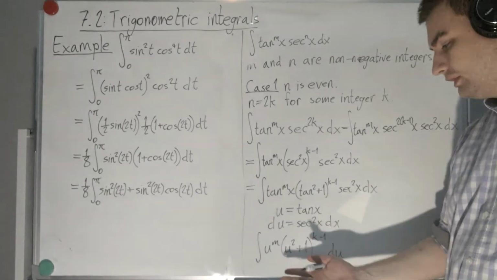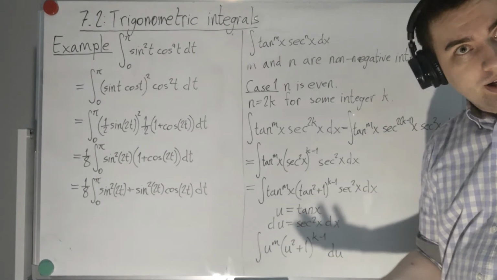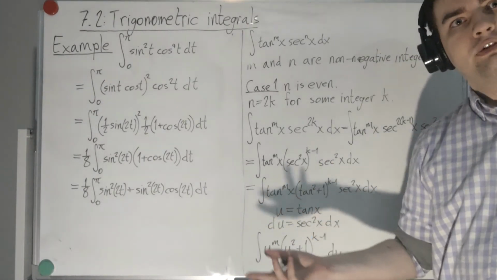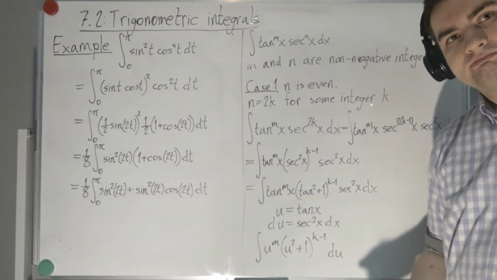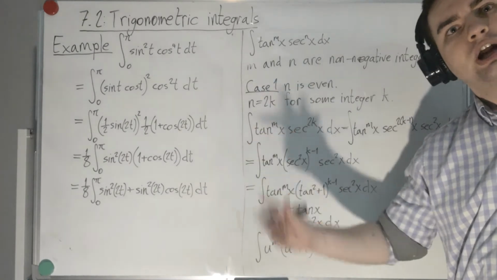And once again, there's some stuff that you need to do with that, of course. But it's a polynomial, okay? And ultimately, you know how to figure out the antiderivative of a polynomial. Yeah, there might be some distribution involved, but it's not something you can't handle.